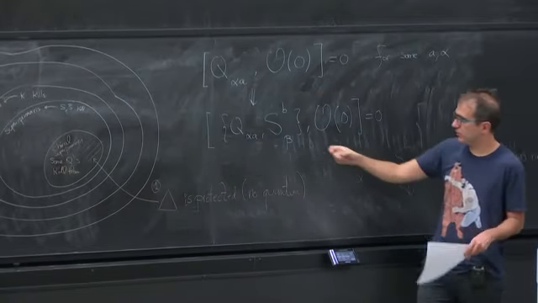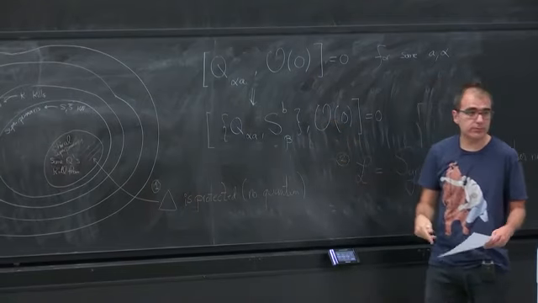Because if we act first with S, we get 0. If we act first with Q, we get 0.